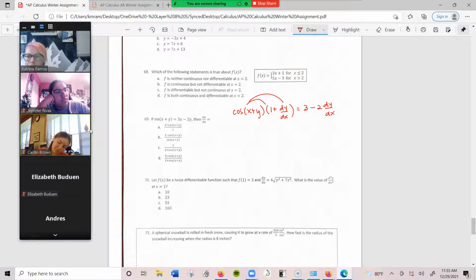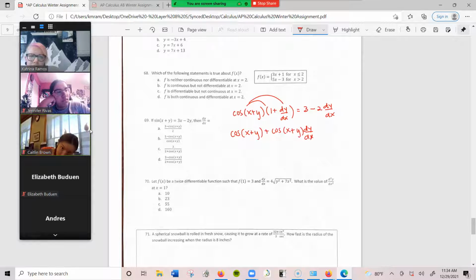So cosine of x plus y times 1 is itself, cosine of x plus y, and then plus cosine of x plus y dy dx is equal to 3 minus 2 dy dx. So far, so good?